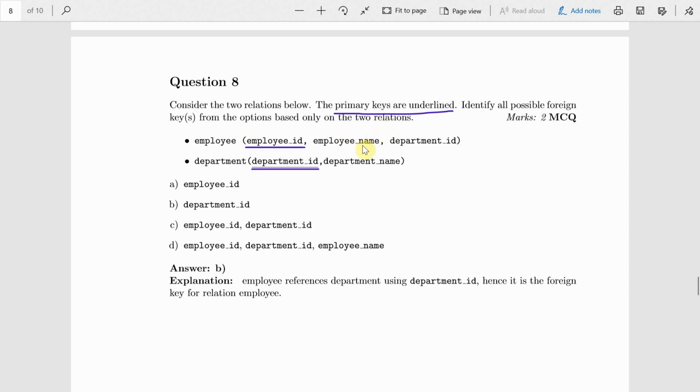What is the common attribute of employee and department? Employee ID is not common, employee name is not common, department ID is common. Department ID in the department table is the primary key, so department ID in the employee table will be the foreign key. The possible foreign key is department ID, that is option B.